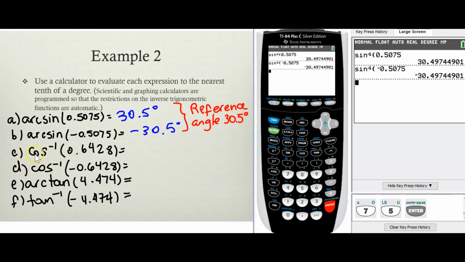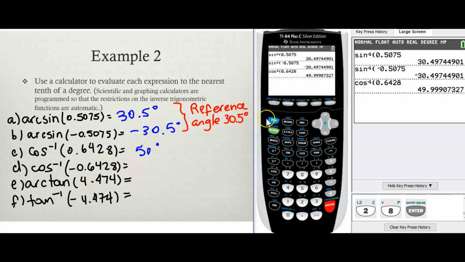In the same manner, we'll do the rest of the calculations. Now we're using second cosine to get to cosine inverse of 0.6428. Enter. Round to tenth place, which will be rounded to 50 degrees.